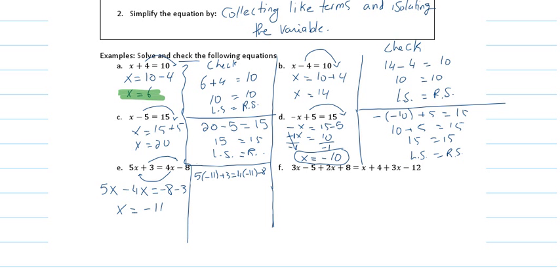What's 5 times negative 11? Negative 55. That's right. Plus 3, if you enter it on the calculator, it's going to give you negative 52. And then negative 44 minus 8 is also going to give you negative 52.